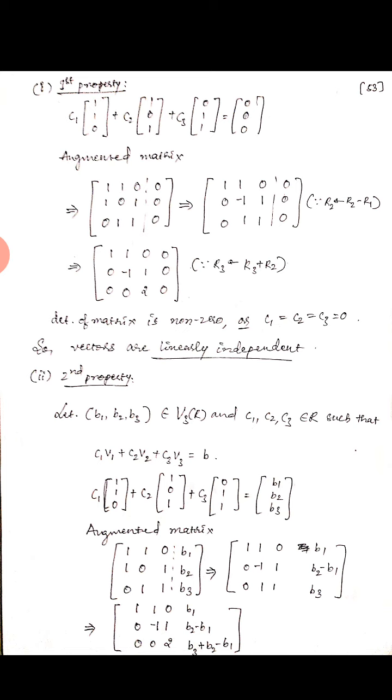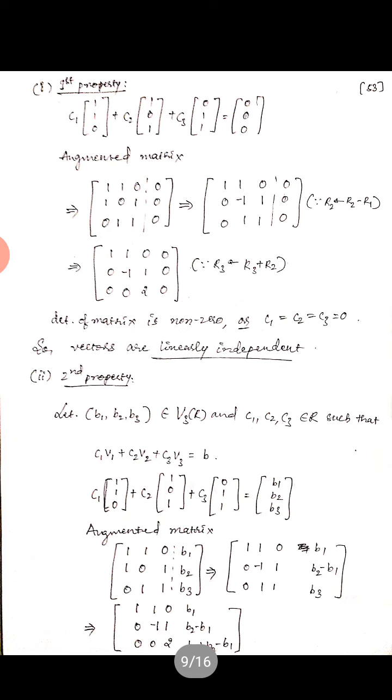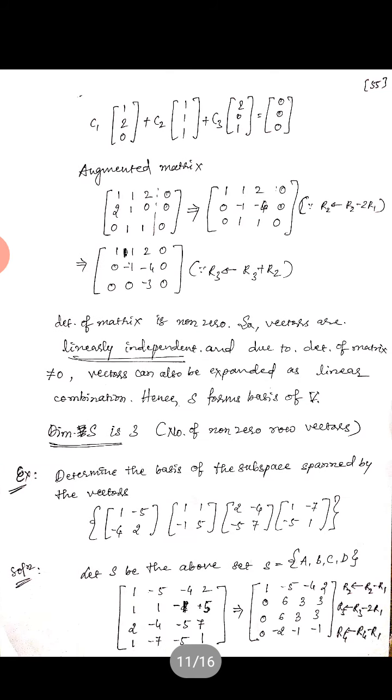For getting linearly independent or not, we consider 0 as the B matrix. To find out the basis, we take b1 b2 b3. Directly by seeing the determinant we tell whether it is dependent or not dependent.